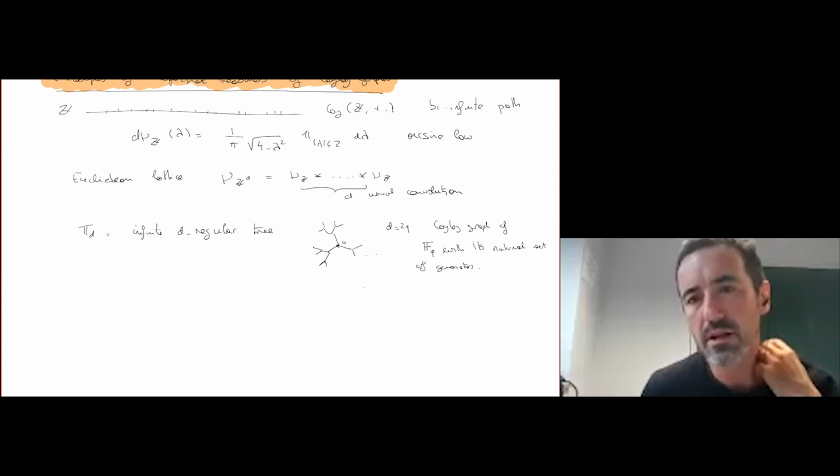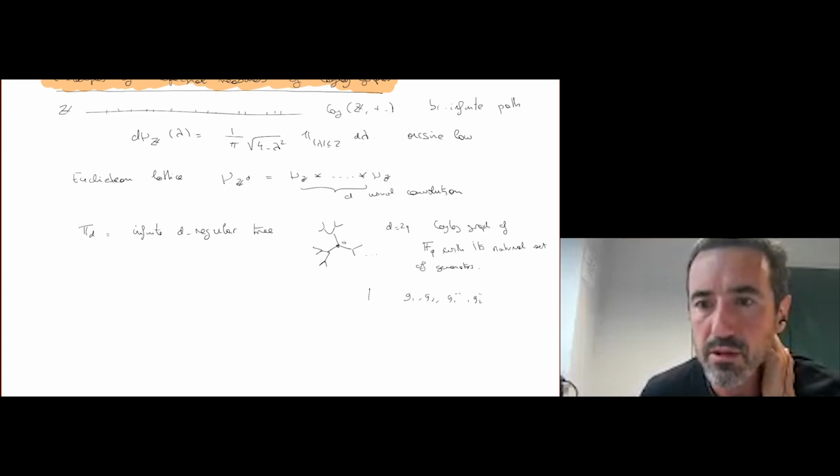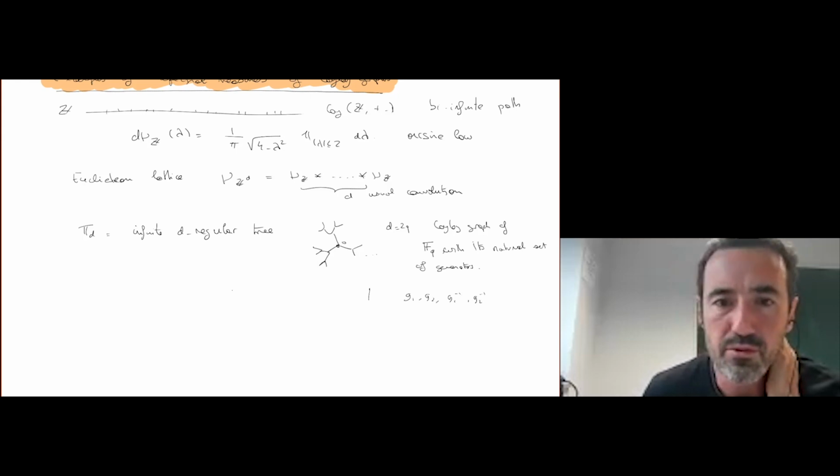Starting from the empty word, you multiply by g1, g1 inverse, g2, g2 inverse, and continue multiplying by g1, g1 inverse, and so on.